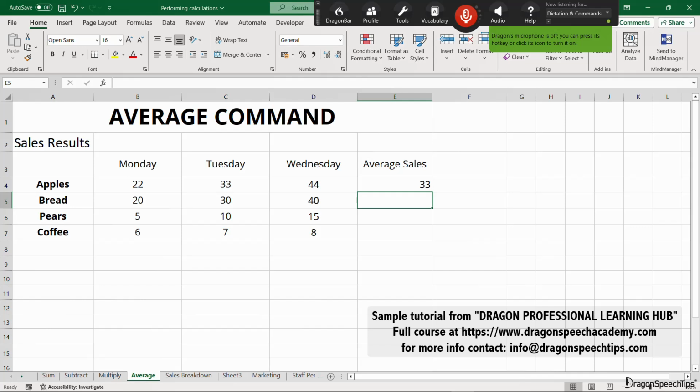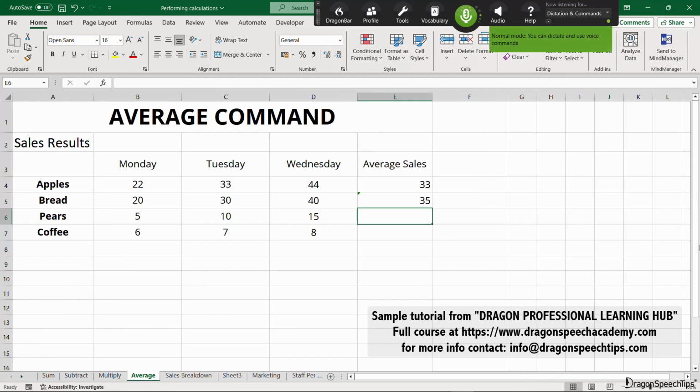You can also be more specific. For example, to find the average sales of bread from Tuesday and Wednesday, we would dictate the following. Average cell C5 to cell D5. To calculate the average of all cells and place the answer in the cell E8, we would dictate the following.